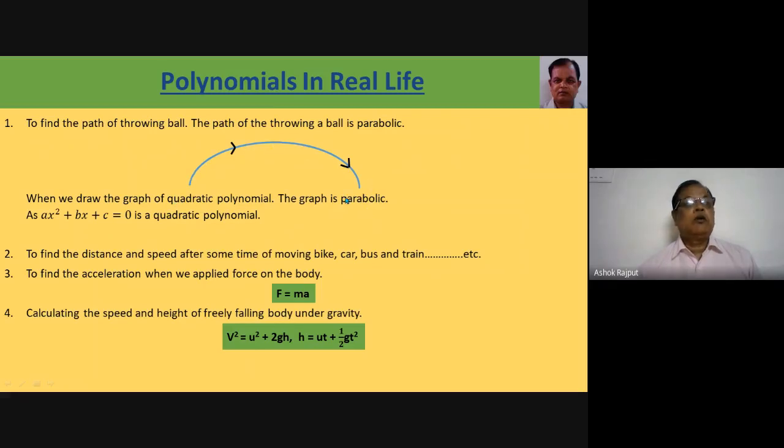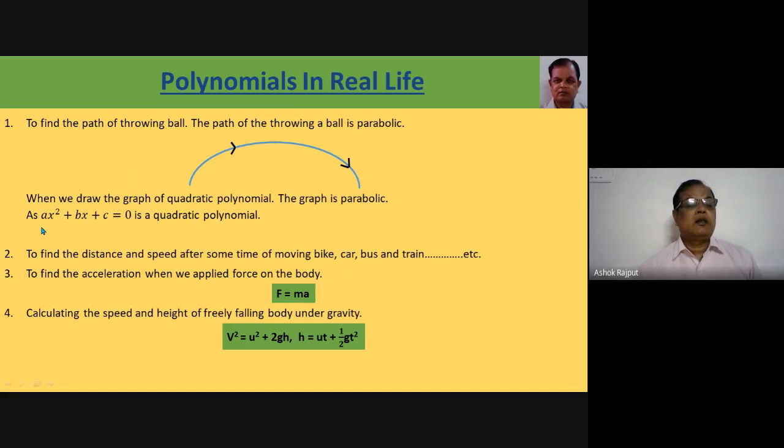When you throw any ball or any piece of solid metal, you always see it moves along such a path. So when we draw the graph of a quadratic polynomial, quadratic meaning its power is 2, the graph is parabolic. Such a path is called a parabolic path.